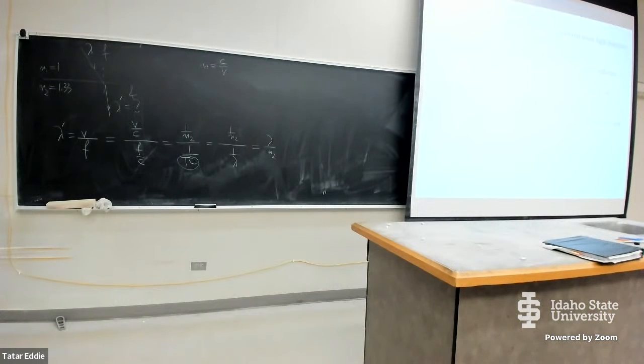Ordinary light sources are not coherent sources of coherent light. And the reason is very simple.